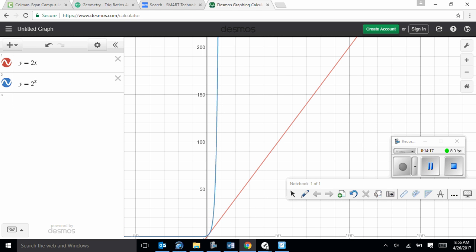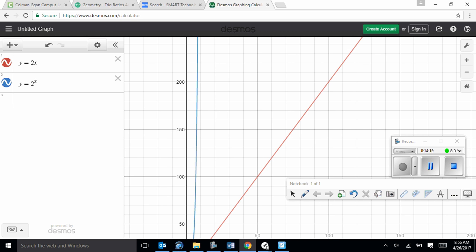But by the time I input a value over here, what's going to happen? So if I do y equals 2 to the 100, I get this number over here.